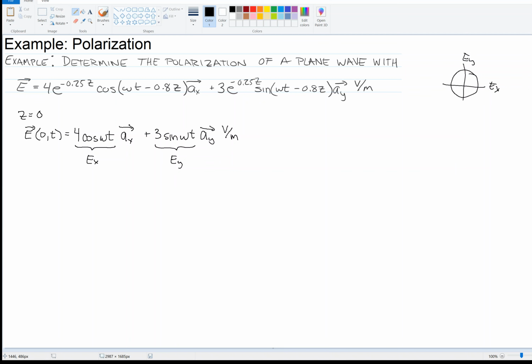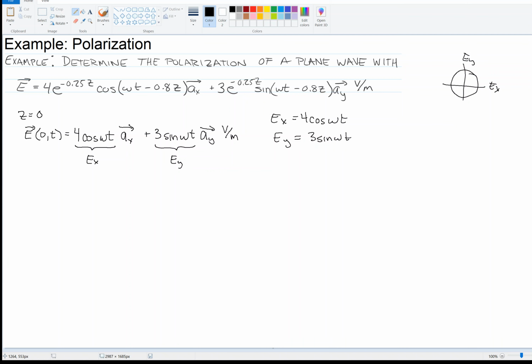So all of this is to say we're going to try to get rid of the variable t. Okay, so let's be concrete here. I'm letting Ex be 4 cosine omega t, the x component of this vector, and I'm letting Ey be 3 sine omega t, the y component of this vector.